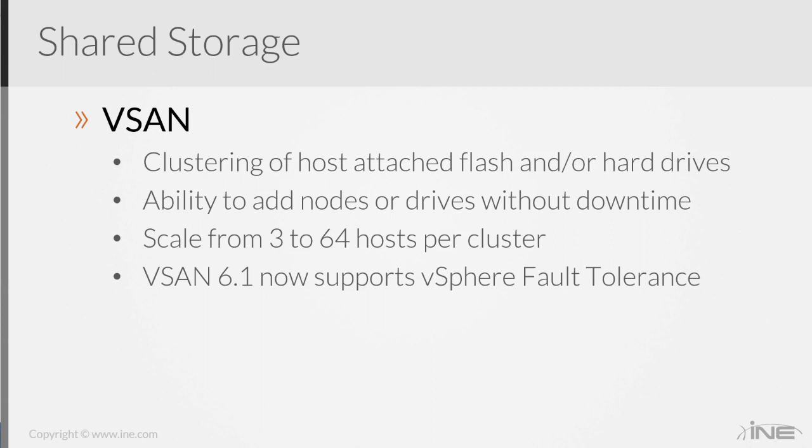We'll just use the SSD for read and write caching. So data would be written to our SSD storage first before it is written to our traditional hard disk drive in that host. Also, what's new in vSAN 6.1 is included support for vSphere fault tolerance.